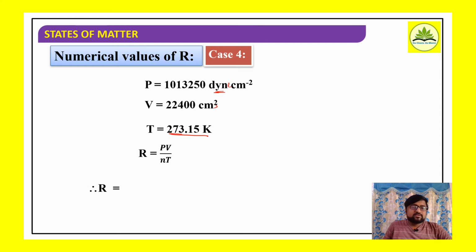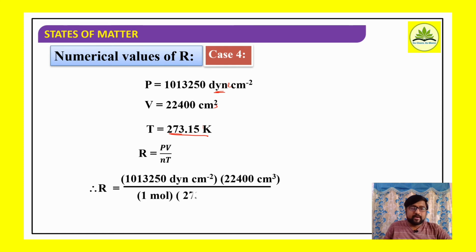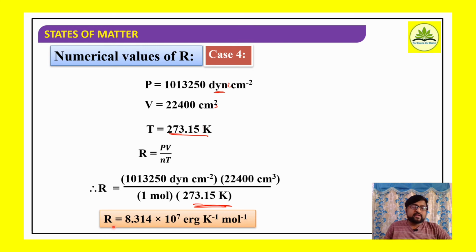Therefore R is equal to PV by nT: 1013250 dyne per centimeter square times 22,400 centimeter cube, divided by 1 mole of gas and temperature 273.15 Kelvin. If you simplify it, the R value we get is 8.314 into 10 raised to 7 erg per Kelvin per mole.